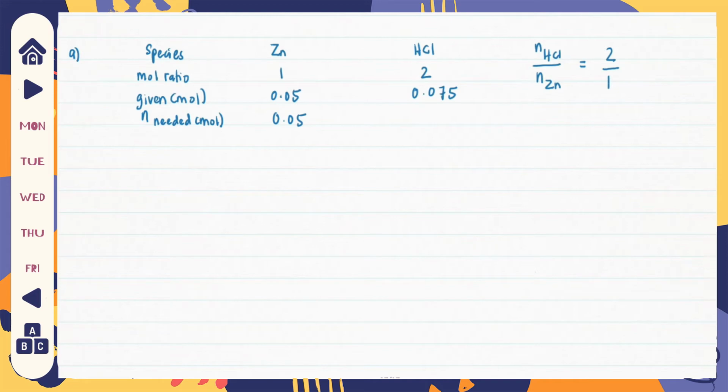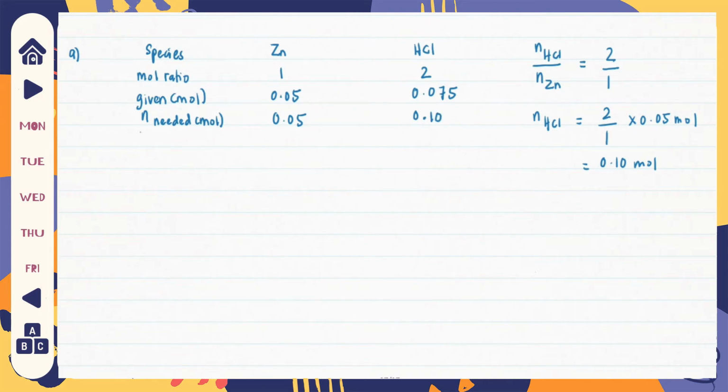Okay, mole ratio of HCl to zinc is 2 over 1. So how many mole of HCl needed to react with 0.05 mole of zinc? So mole HCl needed is 0.10 mole. So we put here 0.10 mole. So that one is mole needed.